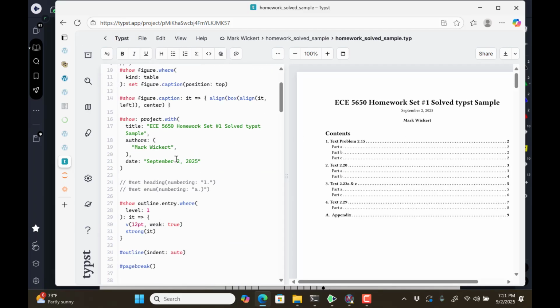So if I, not my name, but since we have Luke in here, your name is not Wickert, but I just put your name in place of mine, and see it changed on the right-hand side. And I could change the date to be whatever the due date is. I don't know if it's the 11th, but it changed.